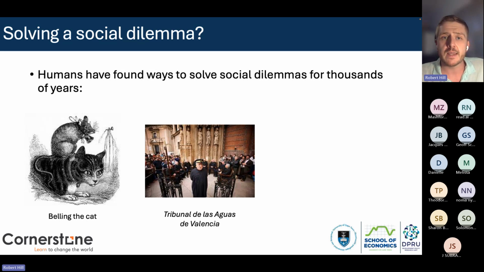If anybody is found to be using too much water, they get reported to the Tribunal de las Aguas, and this tribunal essentially metes out punishment on people who are found to not be acting in the interests of society. So we found a way to monitor and assess people's behavior and to get them to conform to the ways that we want them to behave instead.